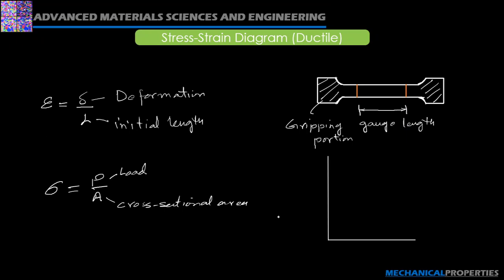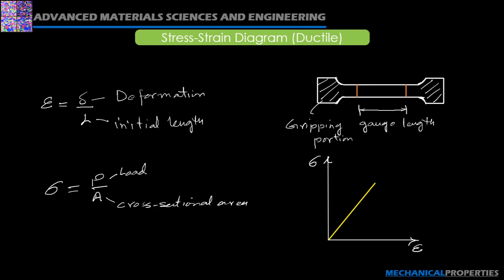Now these values are plotted. The horizontal axis shows the strain, and on the vertical axis we plot the stress. Once we plot these values, we get this kind of initial curve of the material.